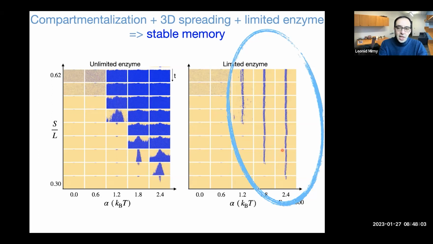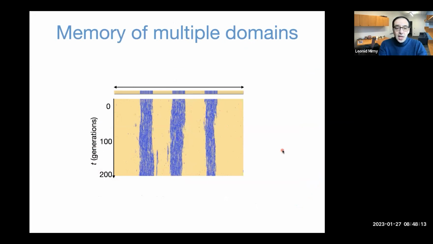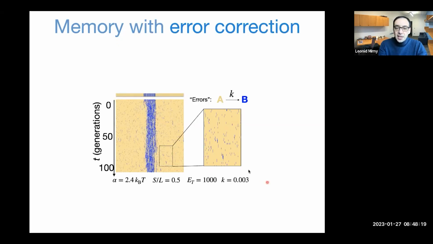That was the major insight, again entirely due to Jeremy, that helped us achieve this stability. You can impose different patterns of marks, and again, they can be memorized for hundreds of generations. There is an interesting phenomenon of error correction in the system. Some regions can occasionally just spontaneously acquire marks, because in some of the cell cycles, the euchromatic region can be close to heterochromatin and get marked.